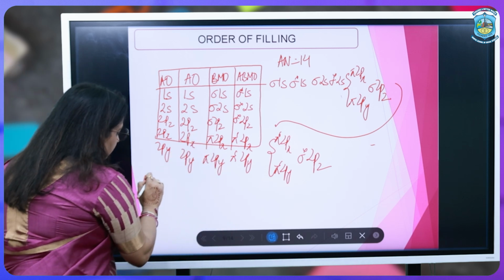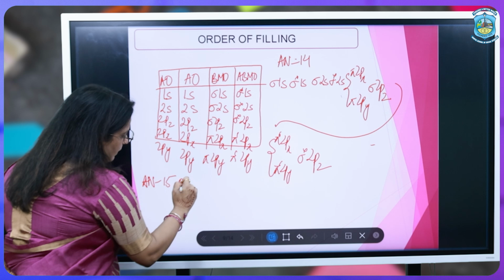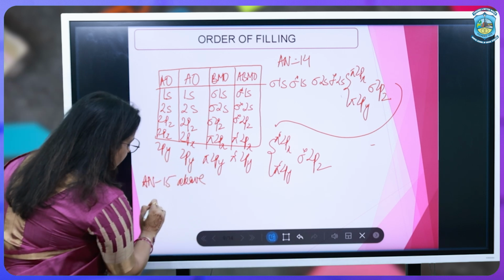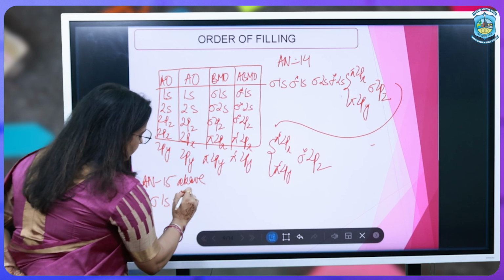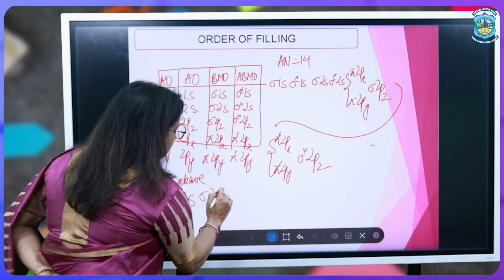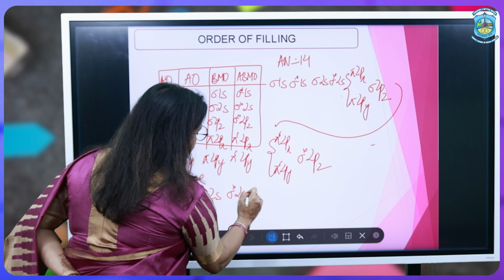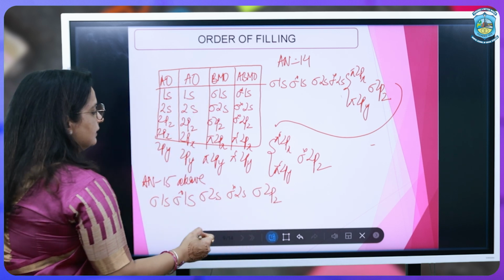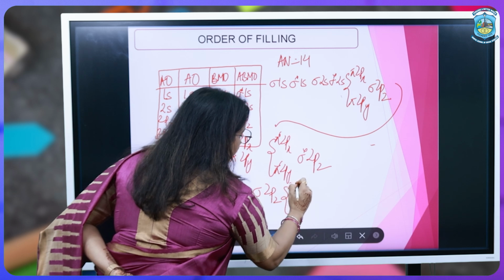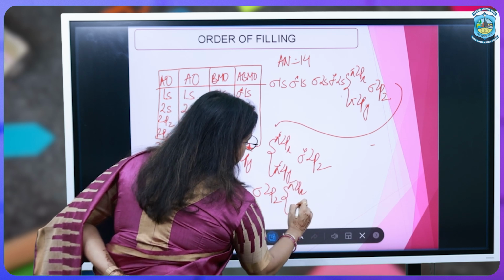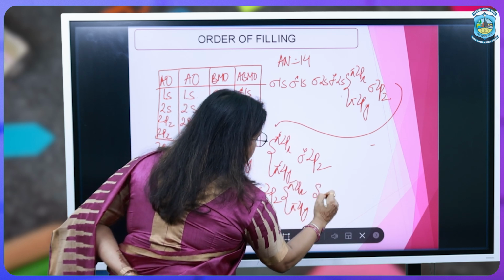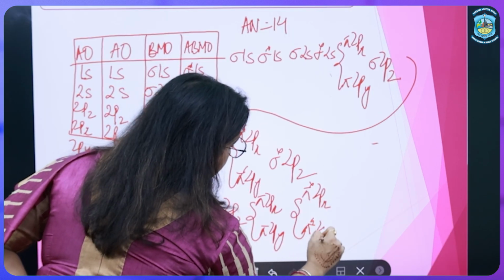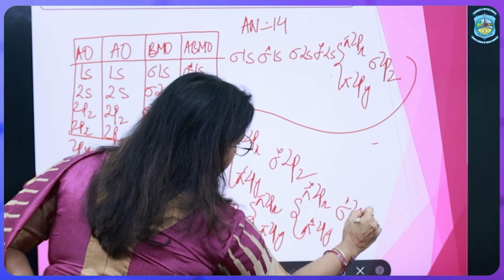From atomic number 15 and above, there is a slight variation in this order. What is that? Sigma 1s, anti sigma 1s, sigma 2s, anti sigma 2s, and now sigma 2pz comes to a slightly lower energy level in comparison to pi 2px and pi 2py, and the rest all remain at the same level, then anti pi 2px, anti pi 2py and anti sigma 2pz.